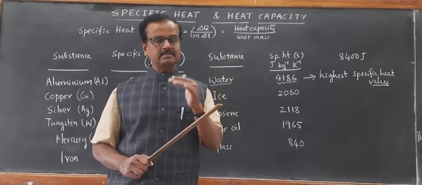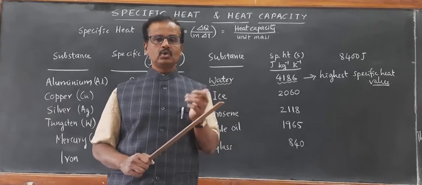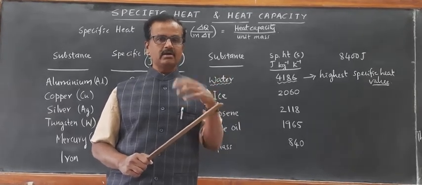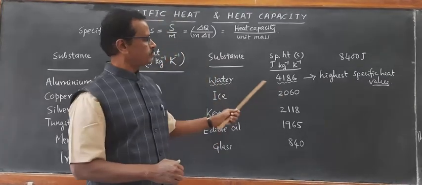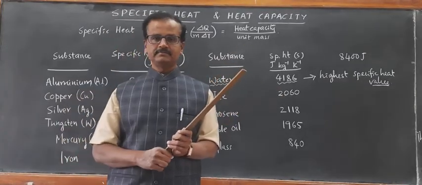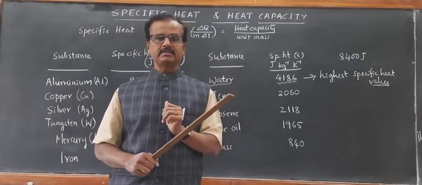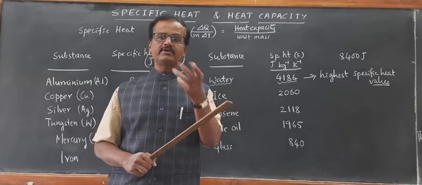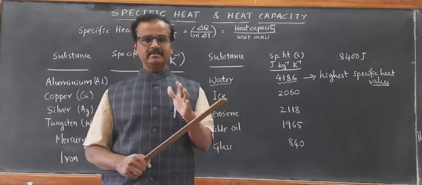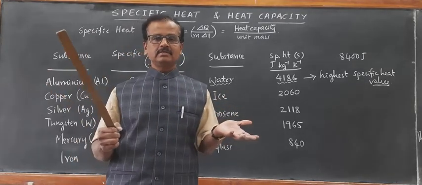But after sunset, what happens? Cooling of the water takes place. Water is already heated, then cooling of water takes place very slowly because of its very high value of specific heat. Slowly cooling off takes place. So in the night, usually land cools off very fast. The land is consisting of rocks, right?